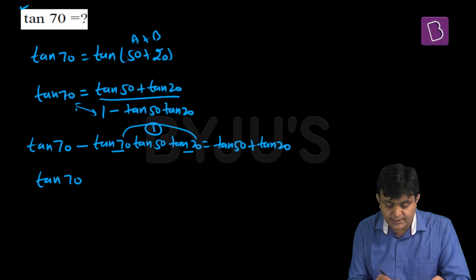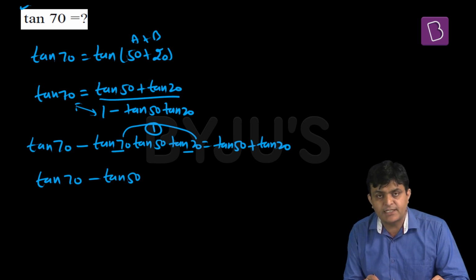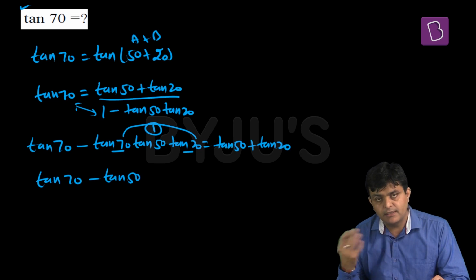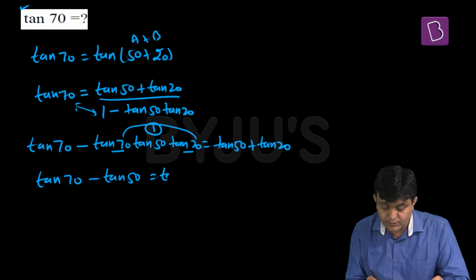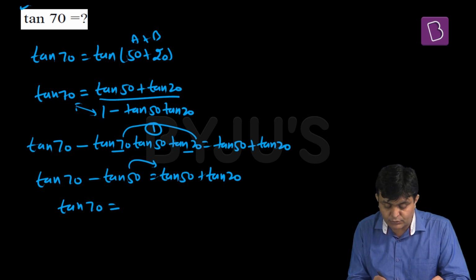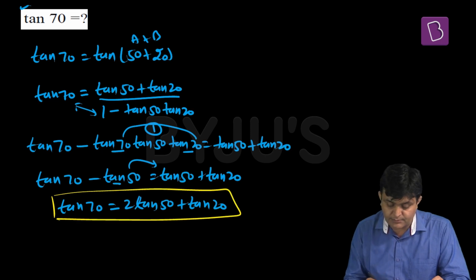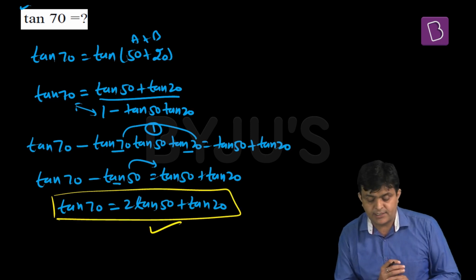So it is tan 70 minus tan 50, or we can use it as 90 minus 70, but we will use this later, is equal to tan 50 plus tan 20. So send this here. It is tan 70 is equal to, minus becomes plus, tan 50 plus tan 20. So tan 70 becomes tan 50 plus tan 20.